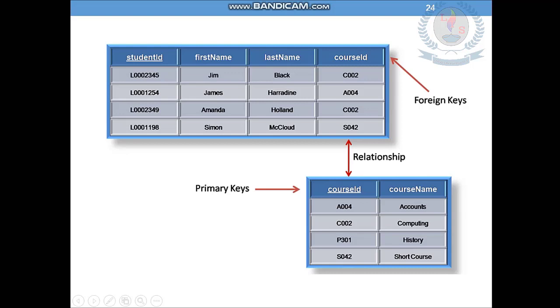So all these numbers under course ID we can use in the student table also. That means if you are using the course ID as a foreign key in this student table, we have already developed a relationship between these two tables. So this is my example for foreign key.